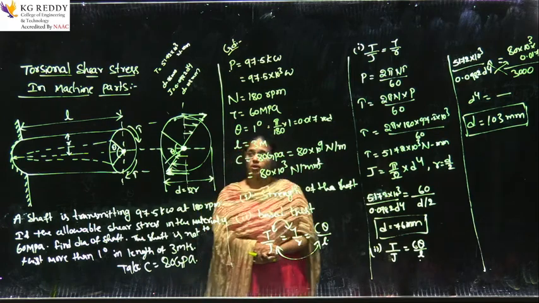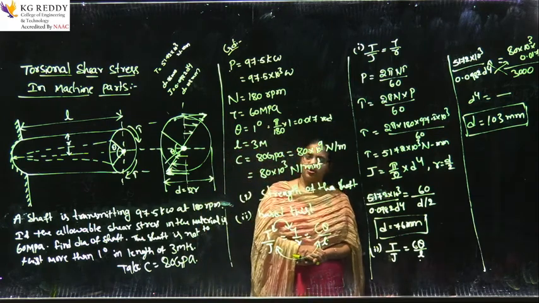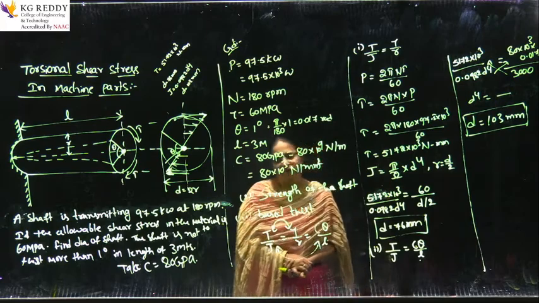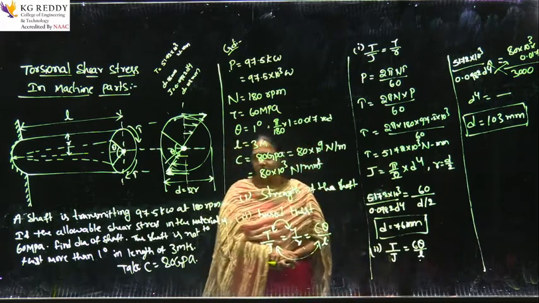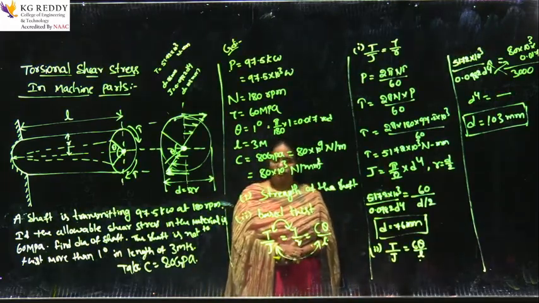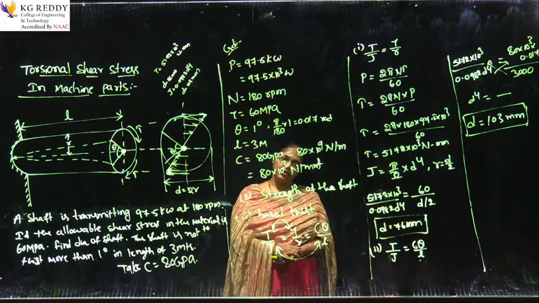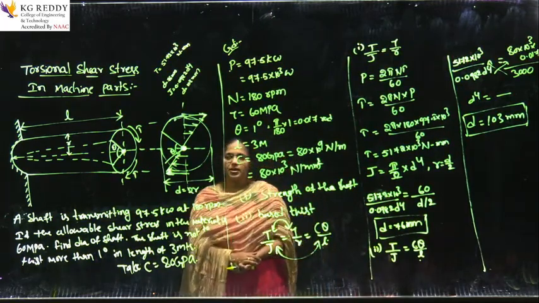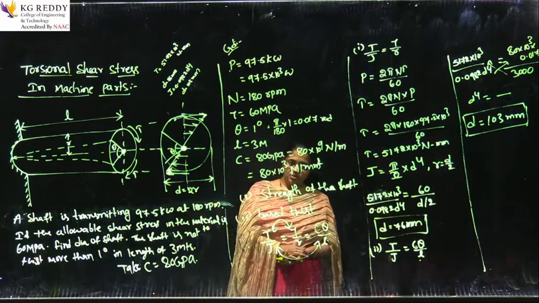Sometimes this is the solid shaft. So how will we identify the solid shaft? If you are identifying only one diameter, that comes under the solid shaft. If you have the internal and external diameters of the shaft, compulsorily we need to go for the hollow shaft equation.